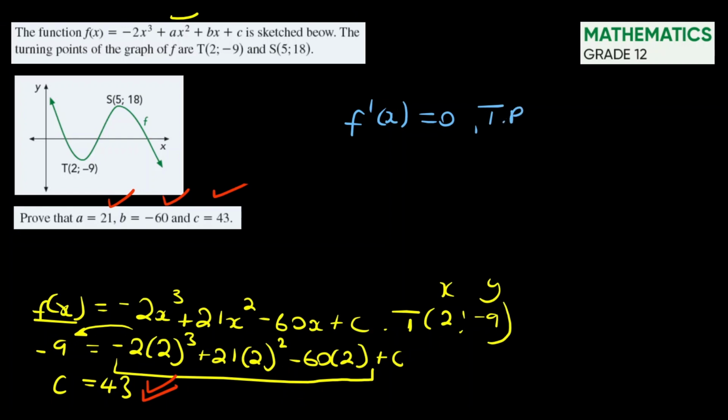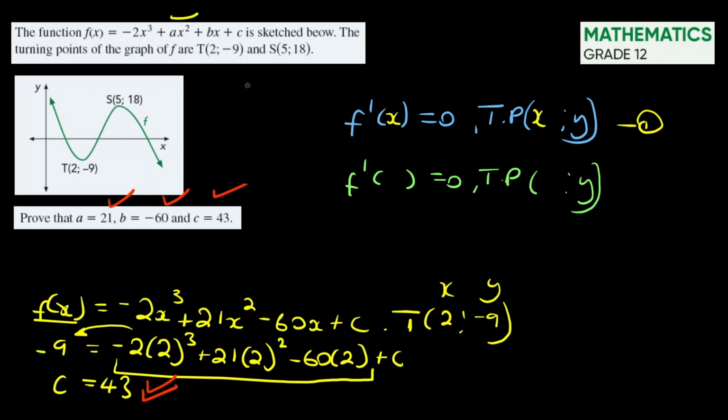We substitute the x value of the turning point, and that will give us our equation 1, and we repeat the same step when you're given the other turning point.